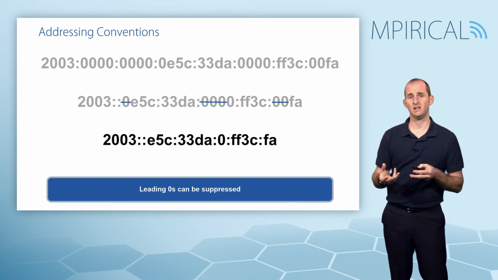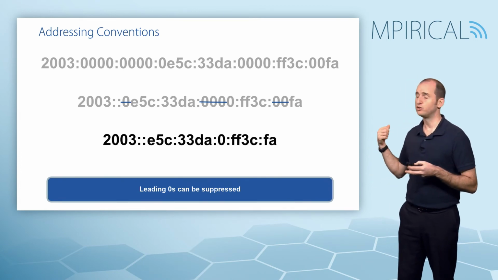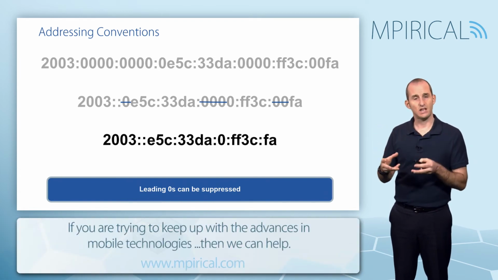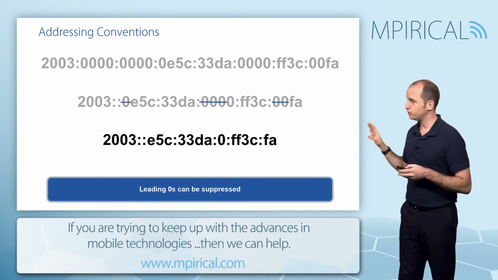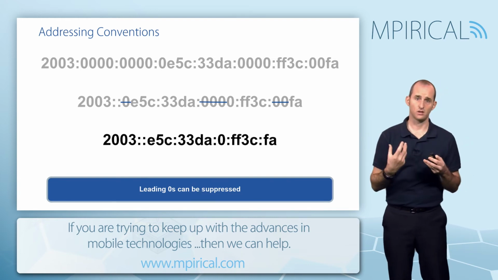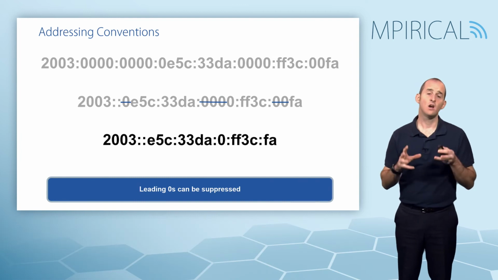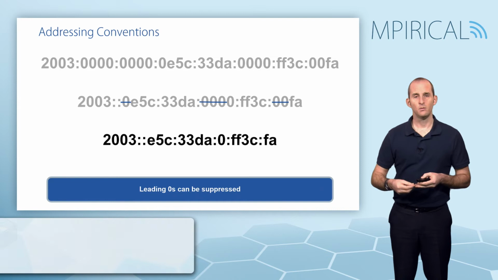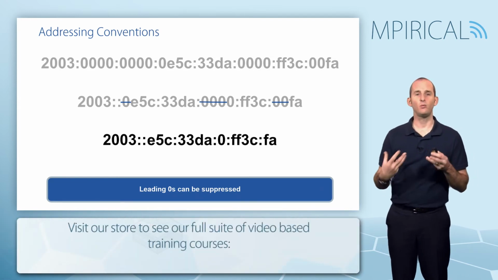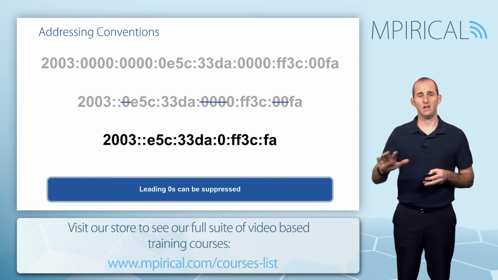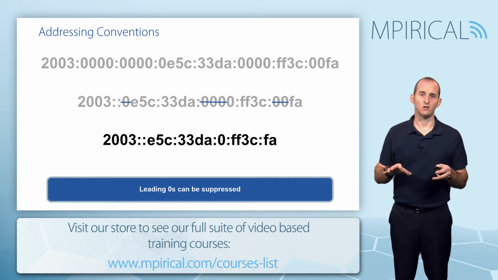So there are techniques, primarily contracting any multiple sets of consecutive zeros and also dropping leading zeros, and the result of this is to ultimately make this address more easy for a human to deal with. But these are options, and the problem with this being optional is what you find out there in the IPv6 world as a whole.